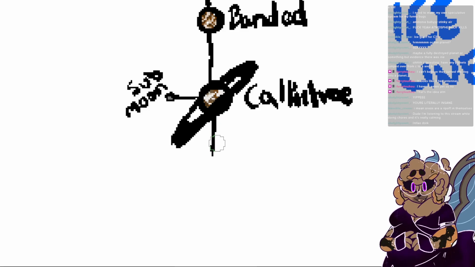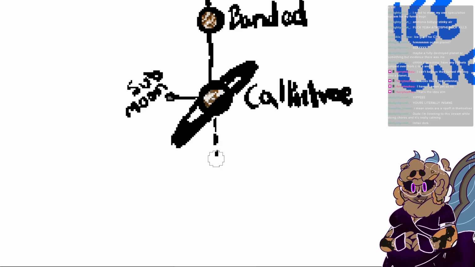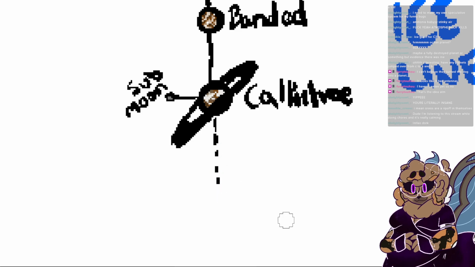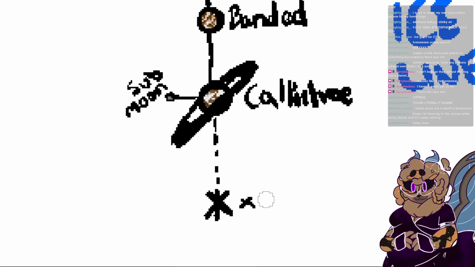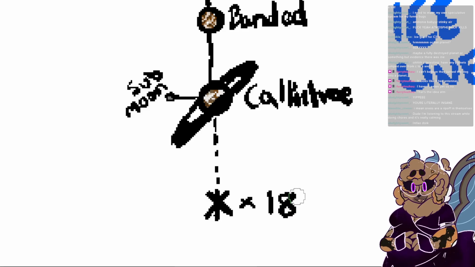So I think what I'm going to do is a little symbology here. A little dashed line after Callieverse here, and then a little asterisk symbol times, let's say, 18 asteroid moons.